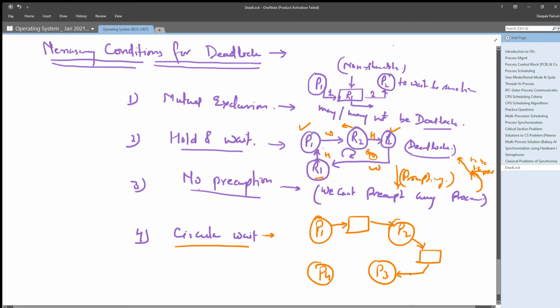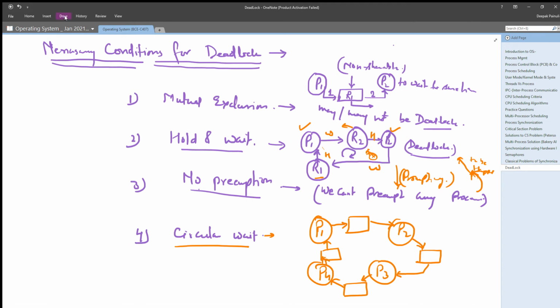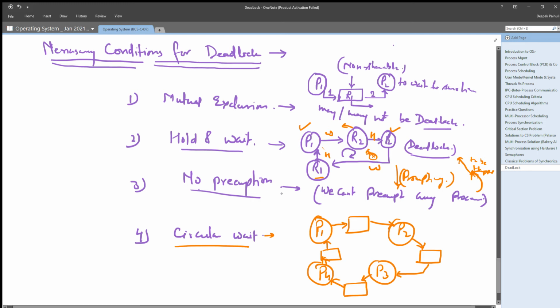Let us draw a diagram first. What circular wait means, you can understand by using this diagram. R1, R2, R3 and R4. Let us say this is a circular wait, right?